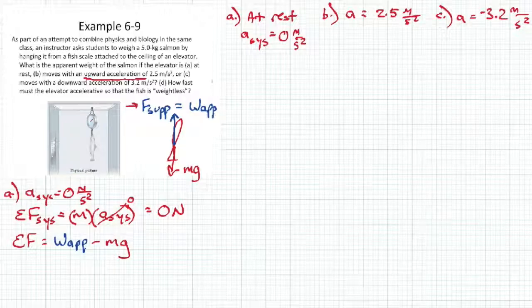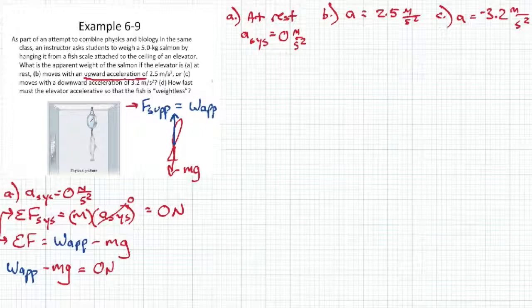Well, if these two things are equal to the same thing, they're both expressions of the net force, we can set them equal to each other then. We can say then that the apparent weight minus the weight force, mg, equals 0 newtons, because there's no acceleration. So therefore, it should be pretty easy to find our apparent weight.